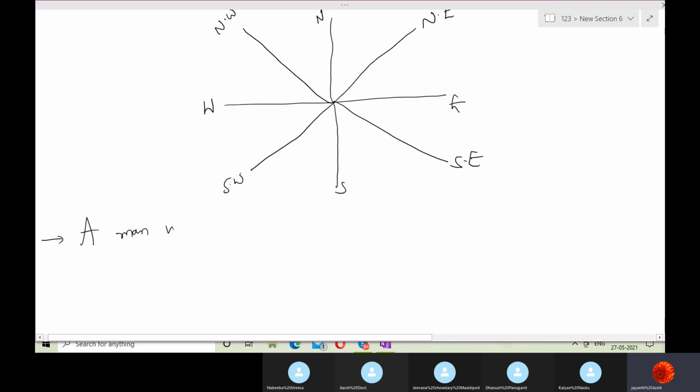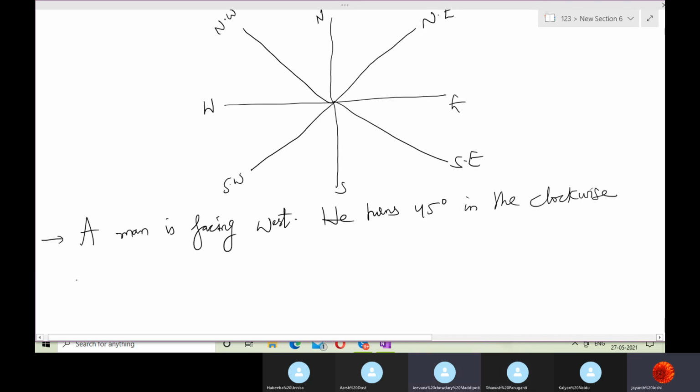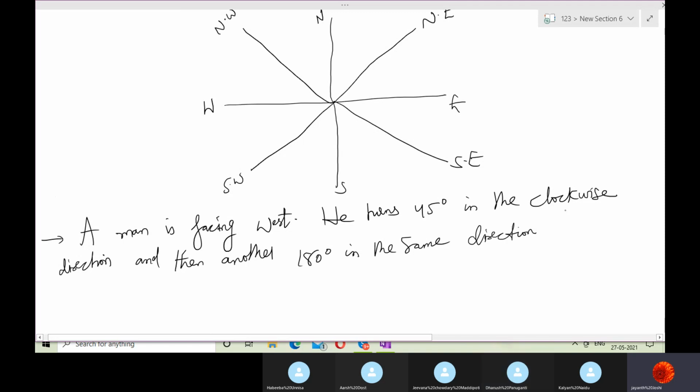So a man is facing west. He turns 45 degrees in the clockwise direction, and then another 180 degrees in the same direction, and then 270 degrees in the anti-clockwise direction.